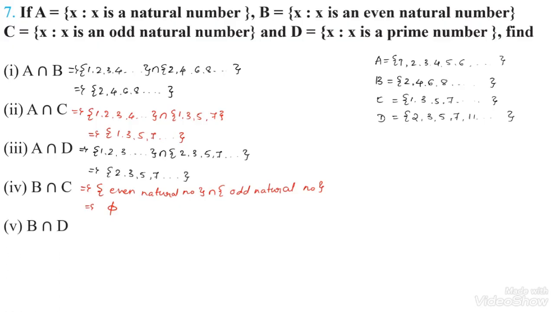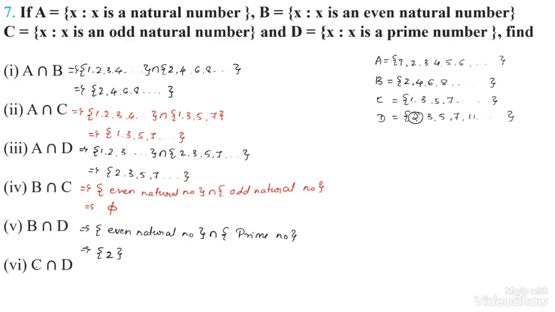Now, let us consider the next question. B intersection D. Set B contains even natural numbers and set D contains prime numbers. Between these two sets, the common element is 2 only, because 2 is the only even prime number.